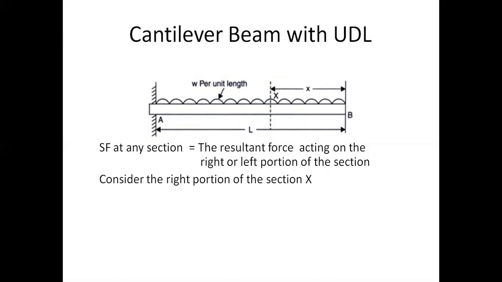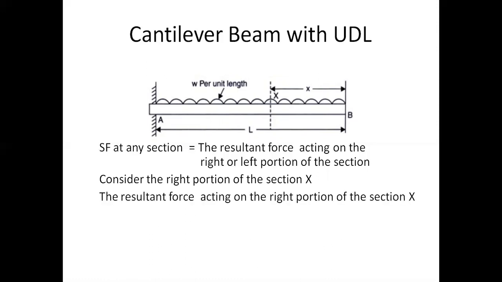Now consider the right portion of the section X, that is, from X to B. The resultant force acting on the right portion of the section X is equal to the load on it. The span is small x, and the load is w per unit length, so small w into the length will be the total force acting on this right portion.